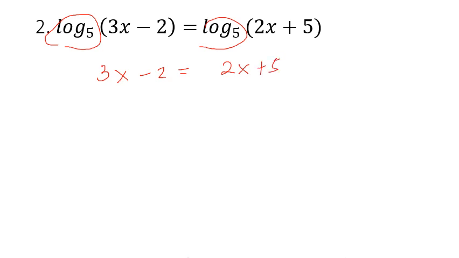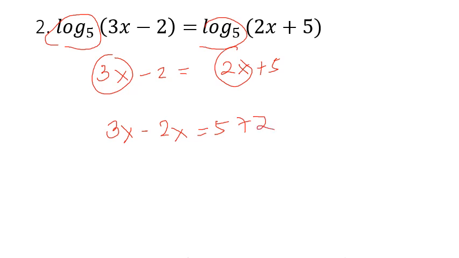We need to manipulate the similar terms, which are 2x and 3x, and negative 2 and 5. So we need to combine like terms. We have 3x minus 2x is equal to 5 plus 2. So we could simply combine it. This is equal to x equals 7. This is the final answer.